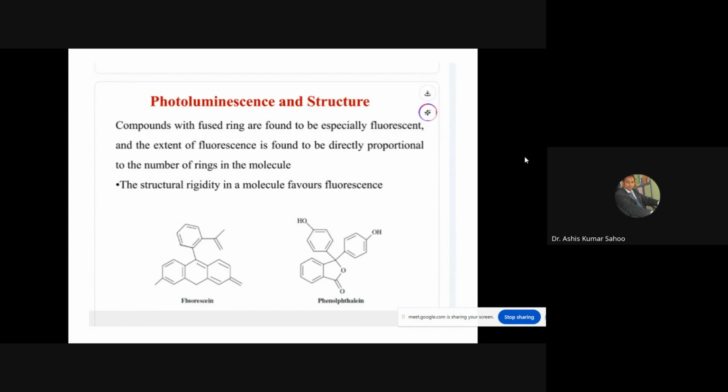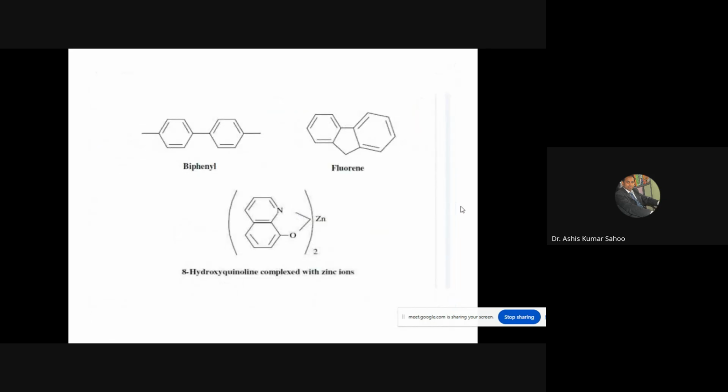Compounds with fused rings are found to be especially fluorescent, and the extent of fluorescence is found to be directly proportional to the number of rings in the molecule. So this structure can be used as photoluminescent. You can use biphenyl and the 8-hydroxyquinoline complex with zinc.